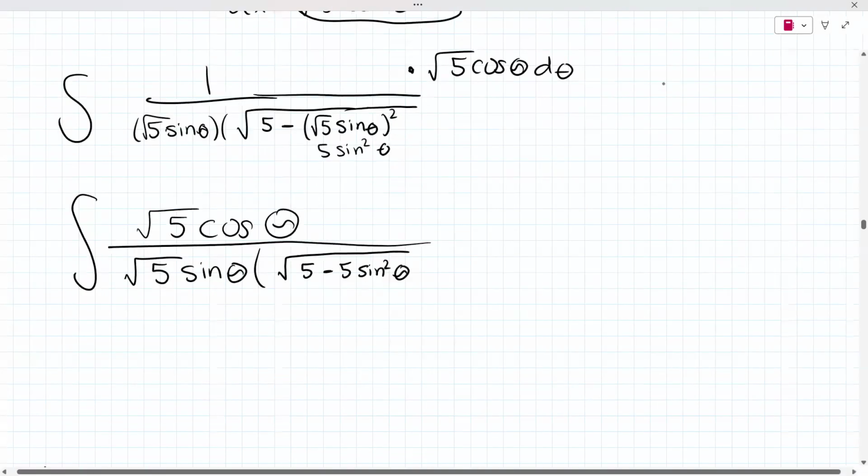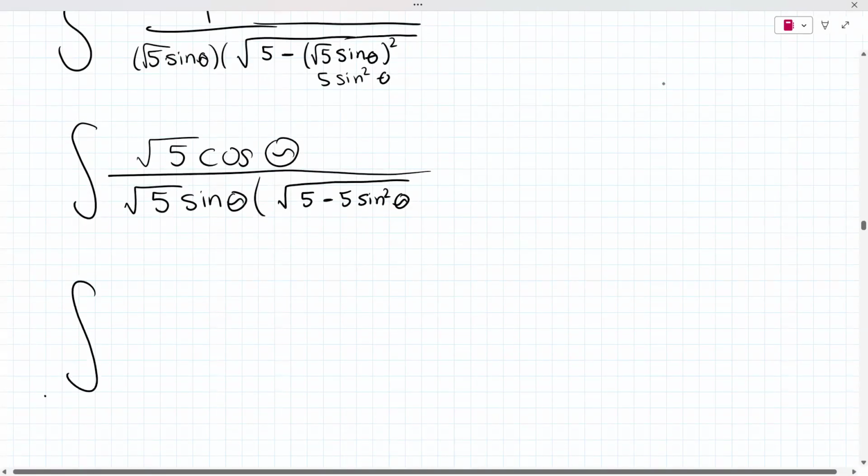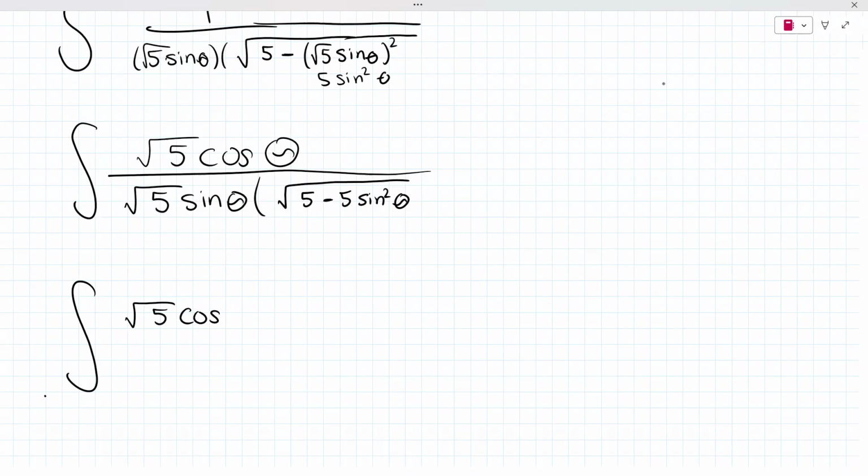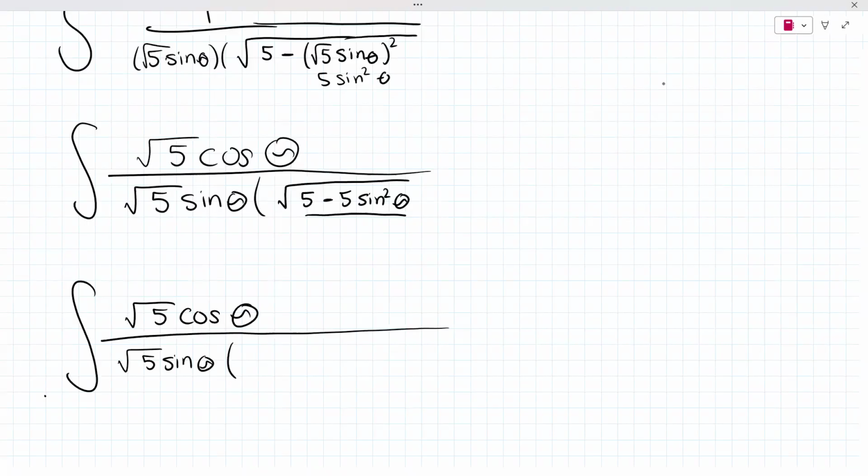And then you simplify. So over here, what can you take out? I think you could take out a 5, right? So I would factor out a 5, so it's going to be square root of 5, and then this is going to be 1 minus sine square theta d theta.